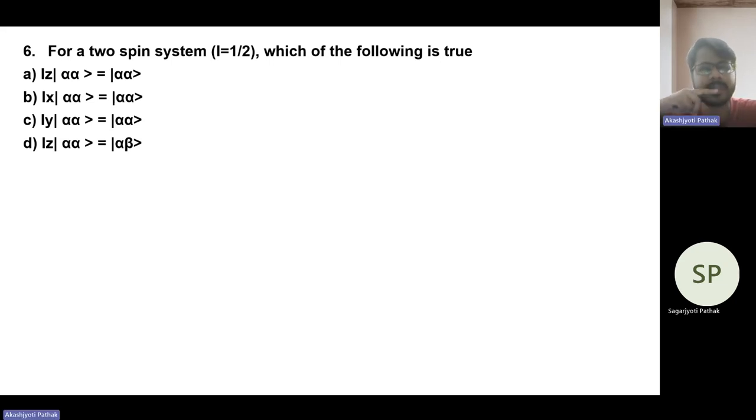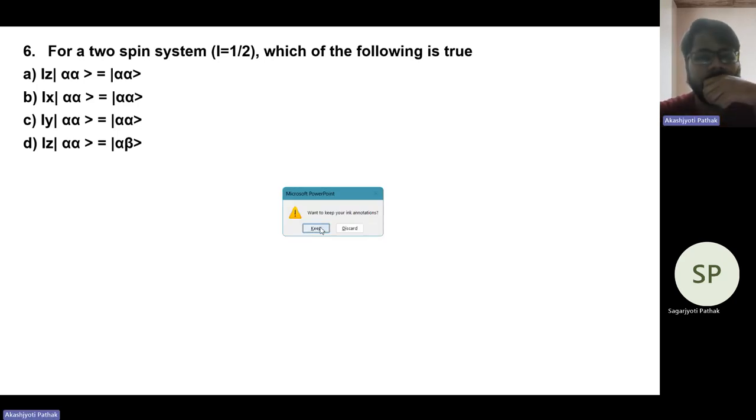How will you solve such type of questions? Try this question and then we will look into this.